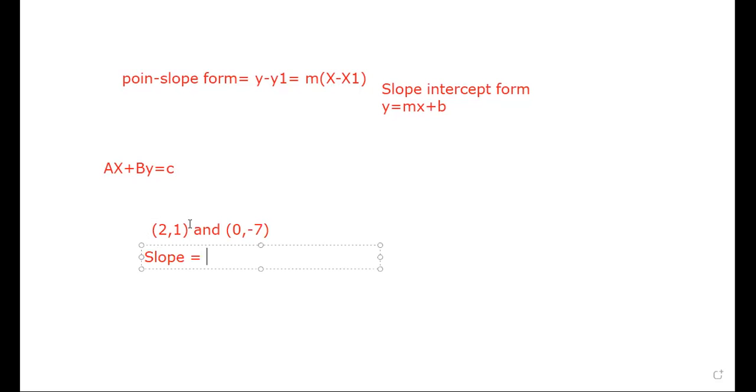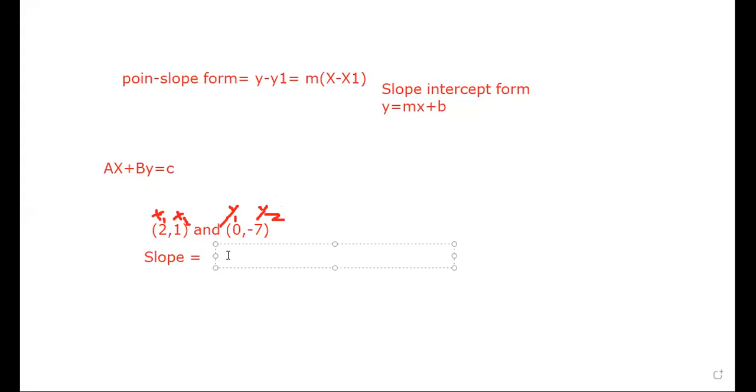So we can classify the two ordered pairs first. This will be x1, this will be y1, and the second one will be x2 and y2. Now I will start to substitute to calculate the slope.